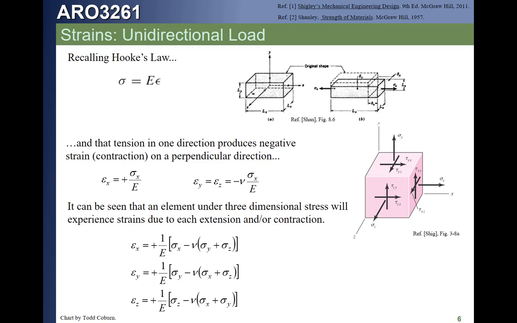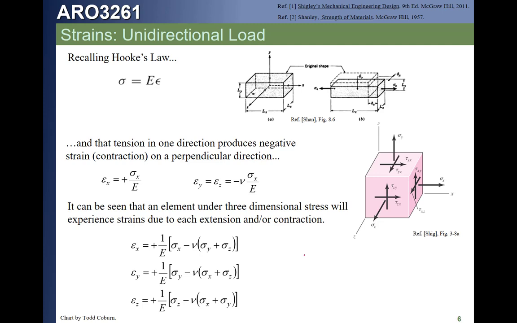And in the x direction, the strain will be just the stress over modulus for that direction. But it will also have a little effect due to the other 2 stresses. We should have mastered this before.